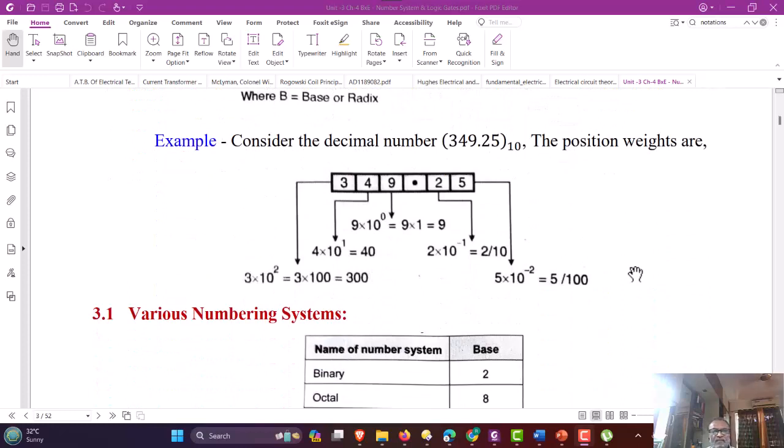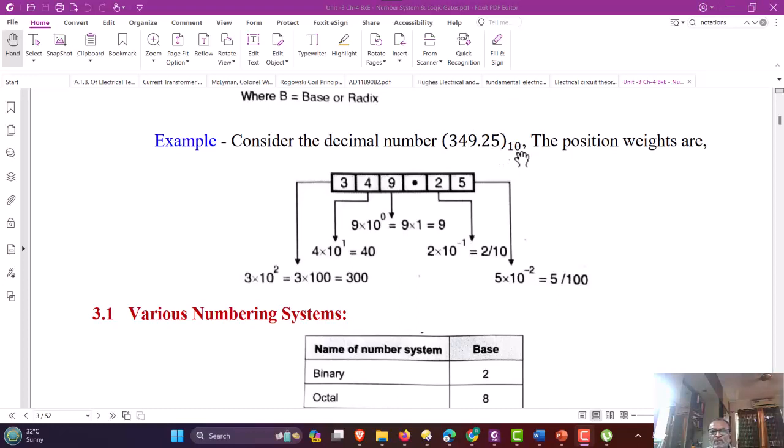Let us see the example in the decimal system. If the number is 349.25, how can it be represented by the system? Whereas if you see the number representation here, the number will be put in the bracket and there is a subscript 10 mentioned.